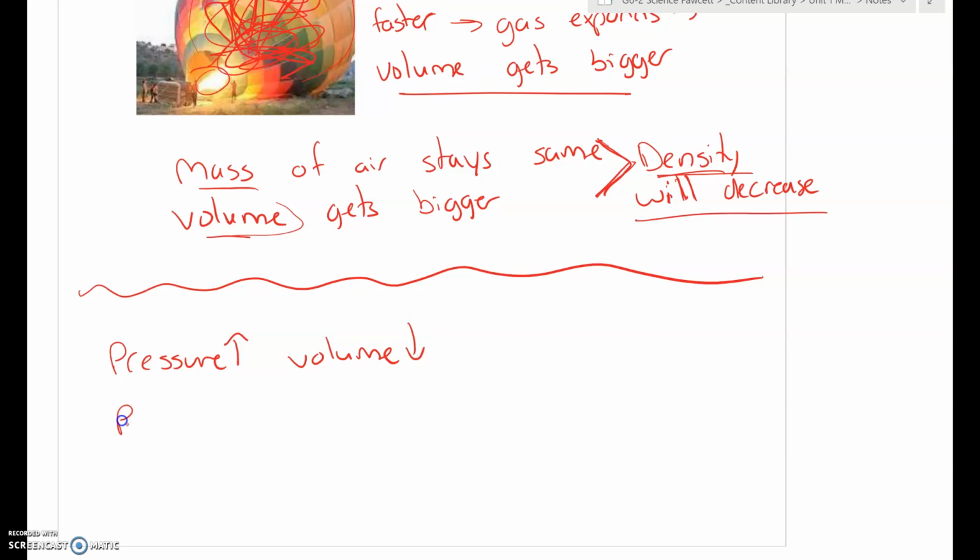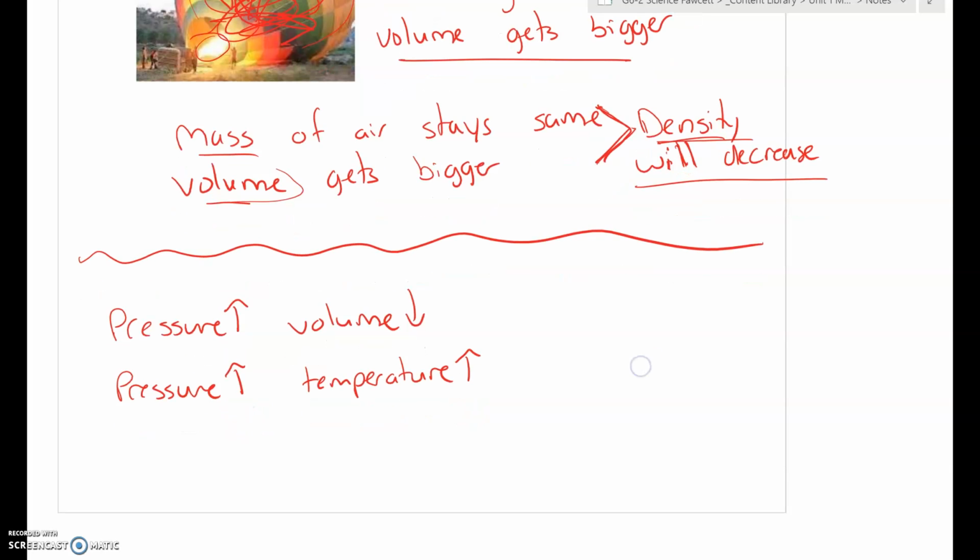We have a relationship between pressure and temperature, and that is a direct relationship. When one goes up, the other one goes up. And we have a relationship between volume and temperature, and that again is a direct relationship. When one goes up, the other one goes up as well.